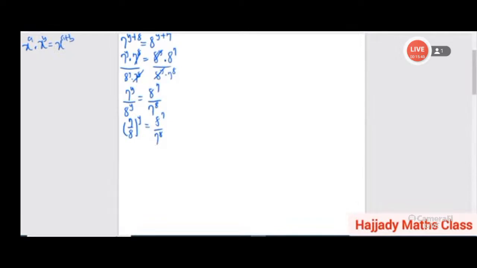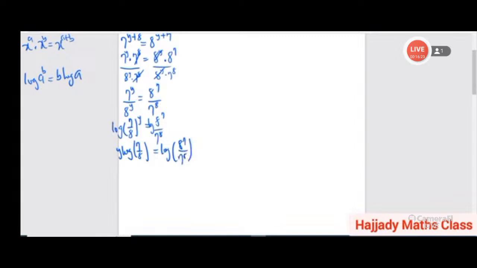There's another rule for logarithm: log a raised to power b is the same thing as b log a. So this is now in the form of a, while this is in the form of b, so the power can come to the back. With this, I'm going to have y log 7 over 8 equals log 8 raised to power 7 over 7 raised to power 8.